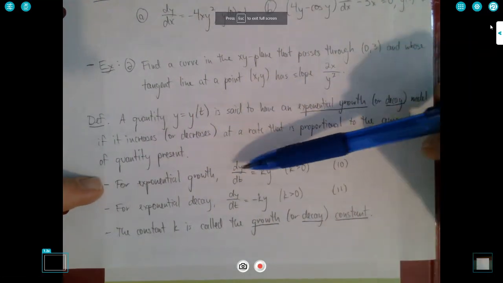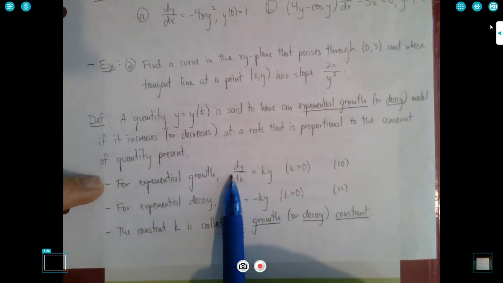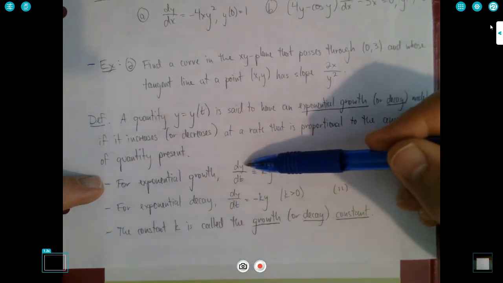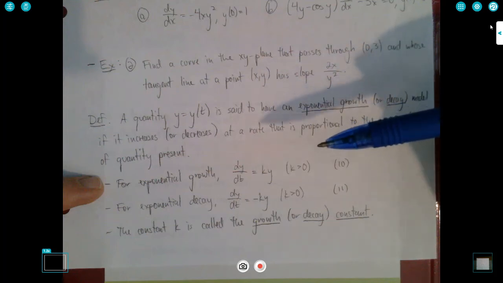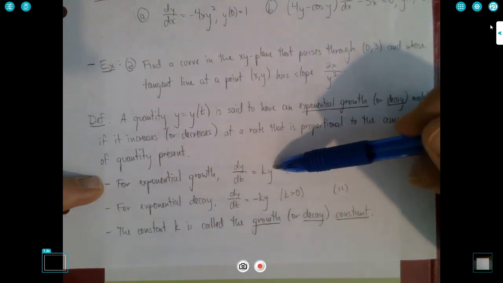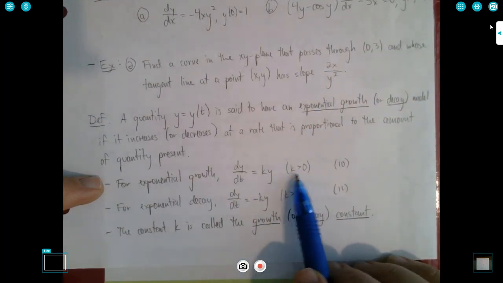For exponential growth, dy dt, the amount of growth of the quantity with respect to time, is going to be proportional to the amount of quantity present, so it would have to equal k times y. If it's growing, k would be positive.